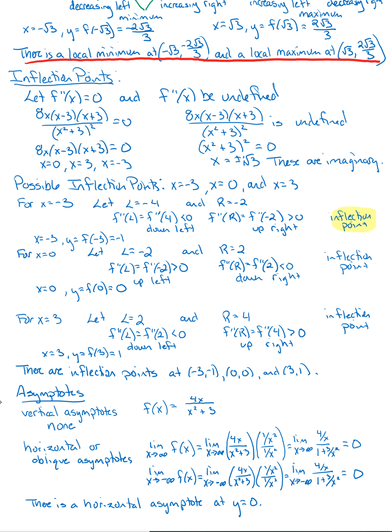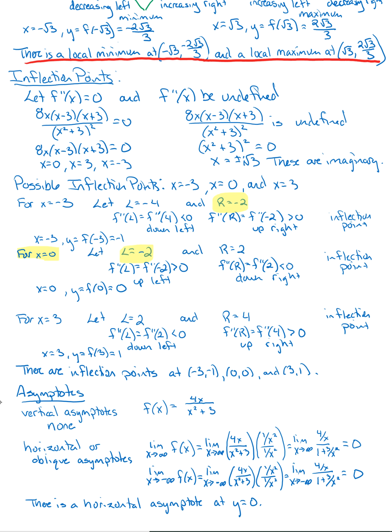Of course, we have to figure out the y value, so when x is negative 3, the y value ends up being negative 1. Again, don't forget, make sure you're using the function value, not the derivative or second derivative. For the next possibility, x equal to 0, we'll pick something to the left and something to the right. I'm going to go ahead and pick the value to the left that I just used up there to the right.